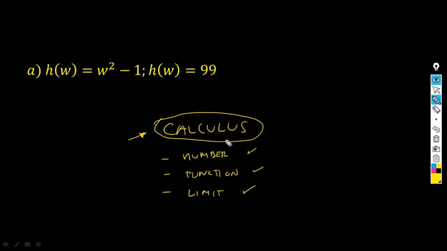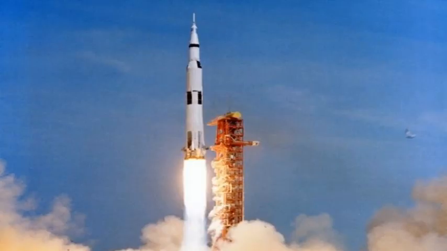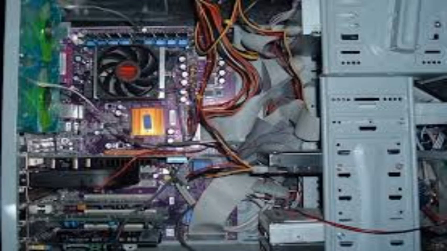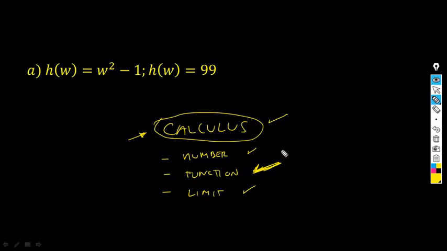You can do crazy stuff. It's been said that calculus was the mathematical tool that enabled us to go to the moon and do a lot of crazy things, to construct computers and so on. So this is really cool, and you need functions in order to study this branch.